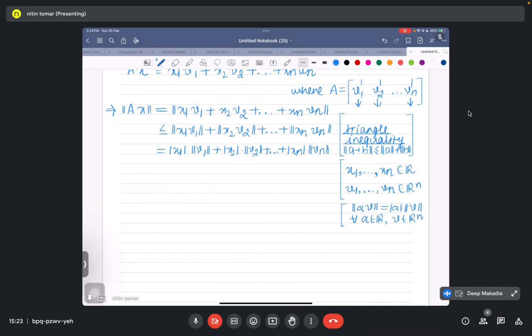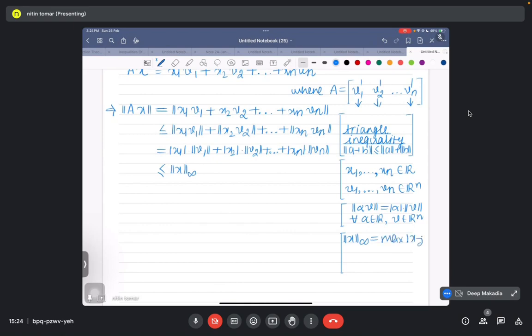Now what you do, define, you see each x1 will be smaller than its infinity norm, correct? You remember infinity norm? What is infinity norm? Last time we did it.